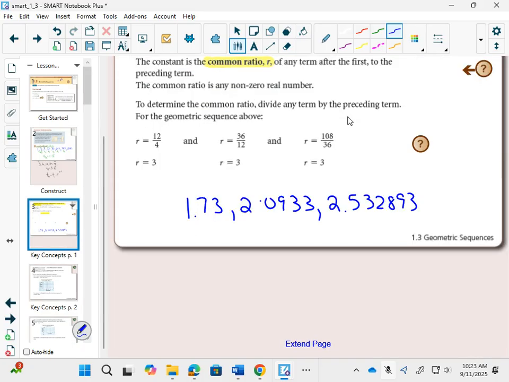Sometimes I can even use algebra. Do you feel like you're ready for something a little bit tricky? The first term is 7. The second term is x. The third term is 40.